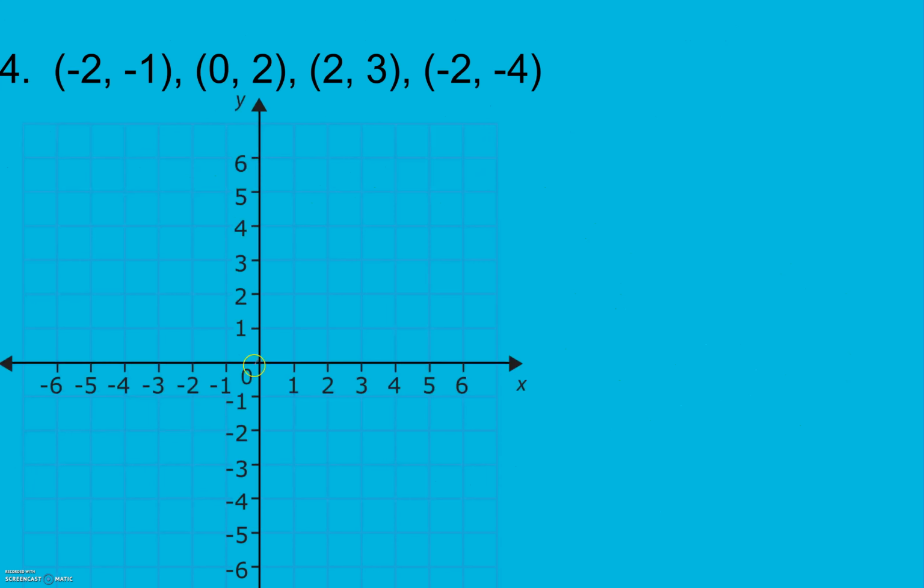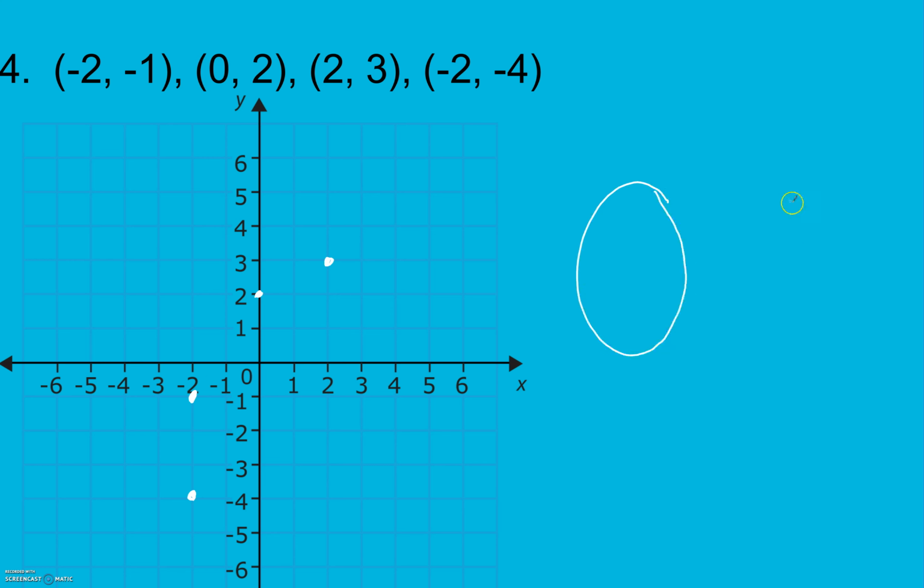Same idea here. X is -2, y is -1. X is 0, y is 2. X is 2, y is 3. X is -2, y is -4. So we have our points there.